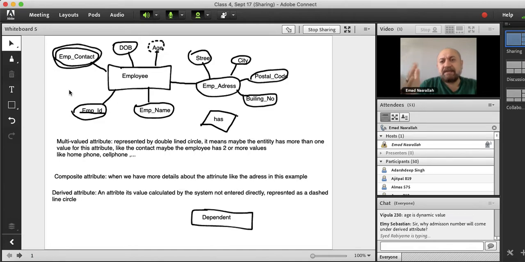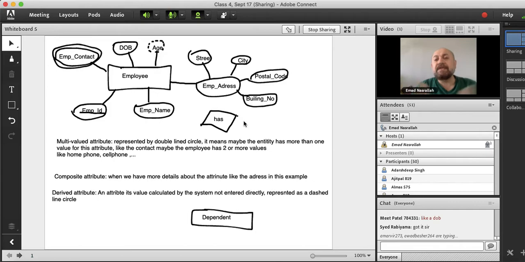It's still derived. But if we assume it's not derived, that's okay. The system can never generate the DOB.